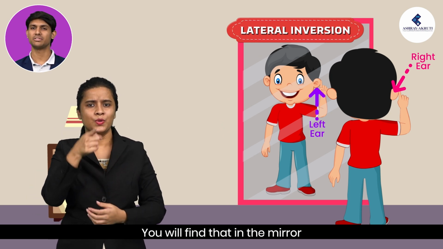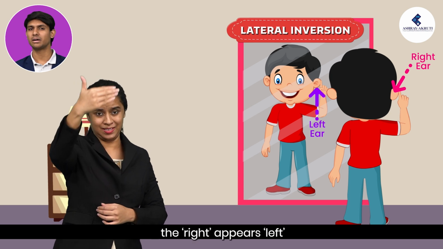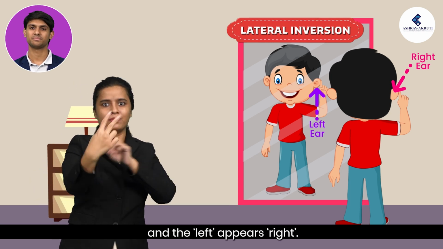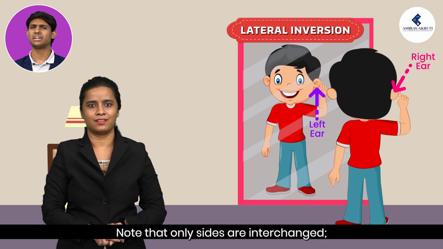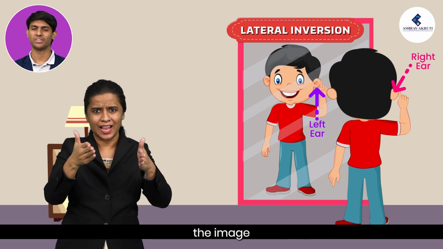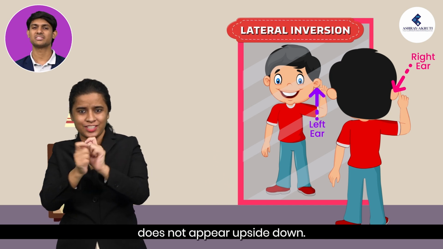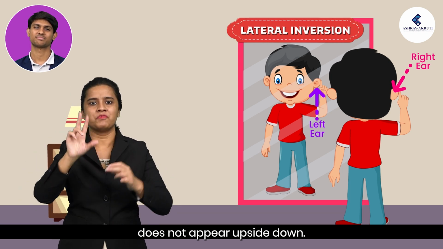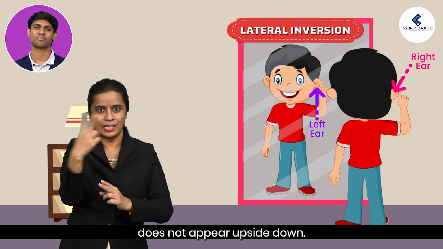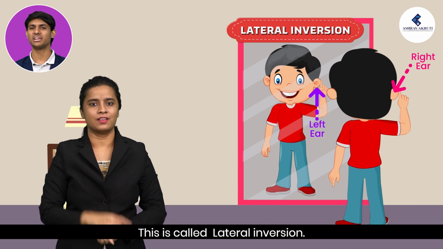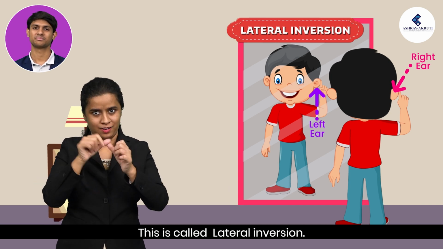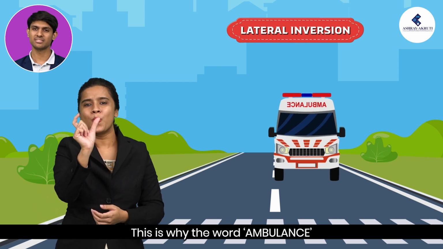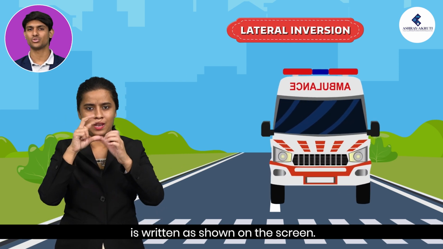You will find that in the mirror, the right appears left and the left appears right. Note that only sides are interchanged. The image does not appear upside down. This is called lateral inversion. This is why the word ambulance is written as shown on the screen.